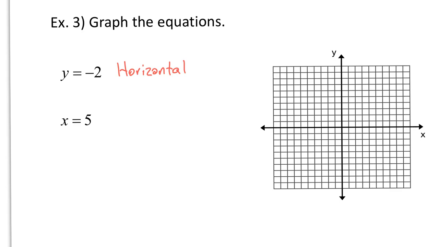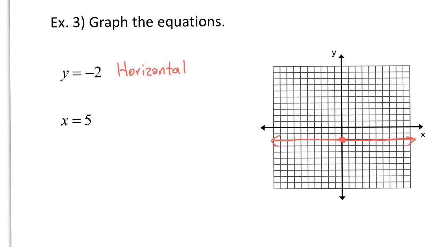If it's a +3, you go to the +3. But right now, we have a -2. So -2 is right here. And using that point on the y-axis, -2, you just make a horizontal line. So from left to right, notice I am going through the points, and that is my graph.